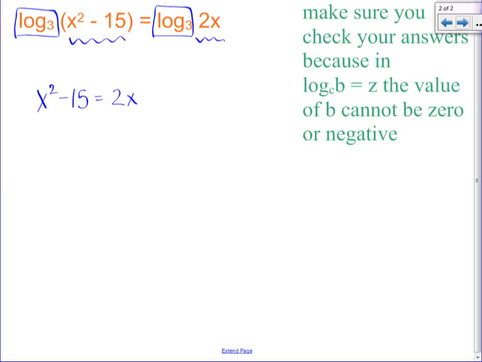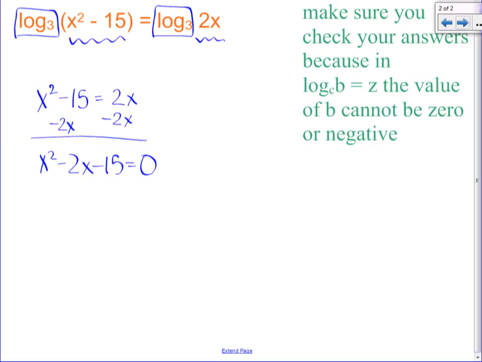So if we have this, how would we solve for x on this problem? Good guess, but we're not going to divide by 2. Minus and factor. We're going to subtract this one over here. X squared minus 2x minus 15 equals 0.